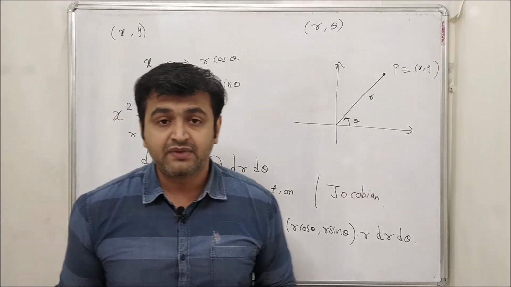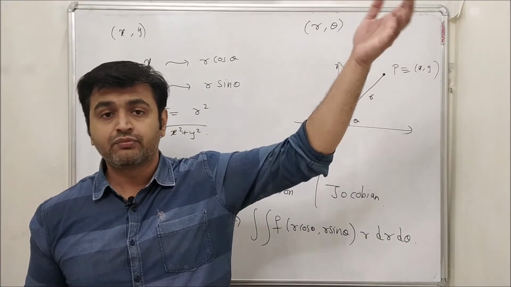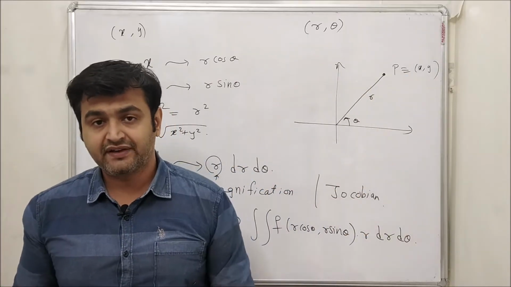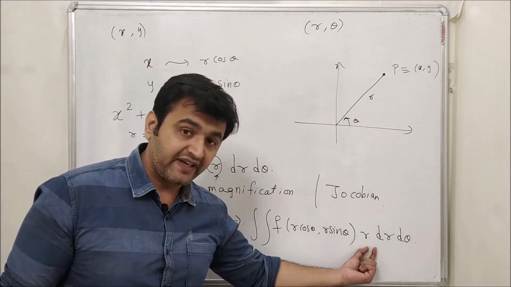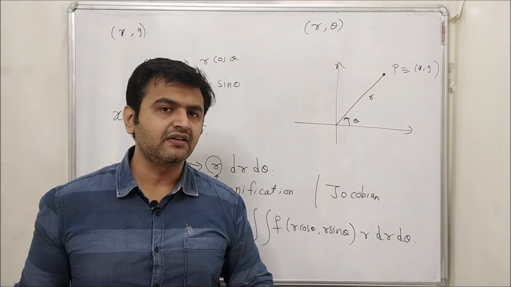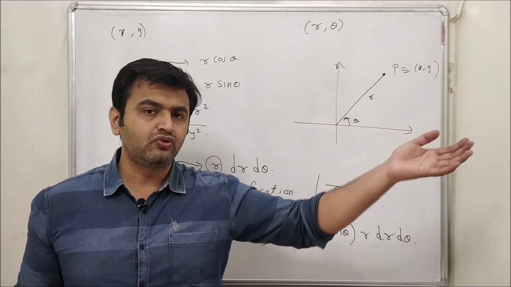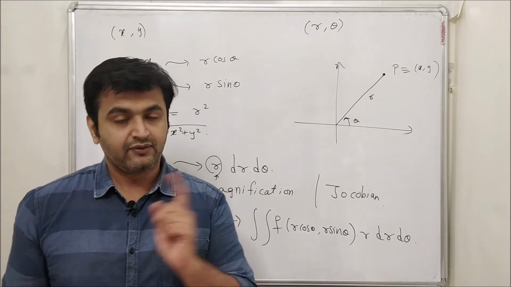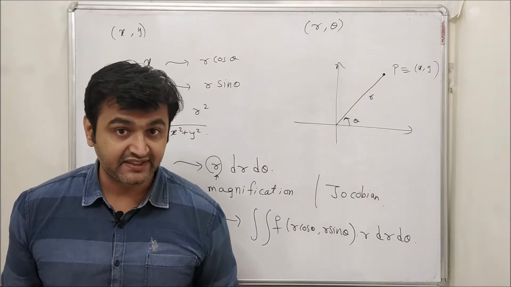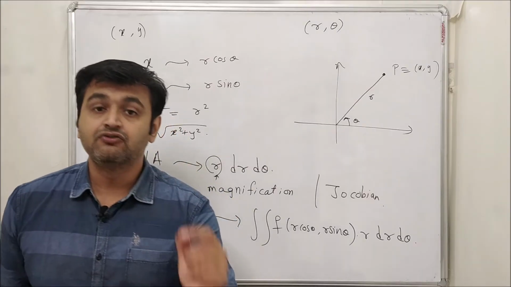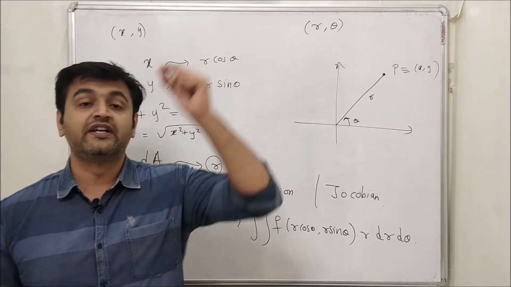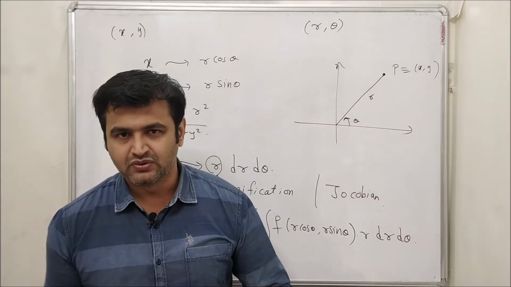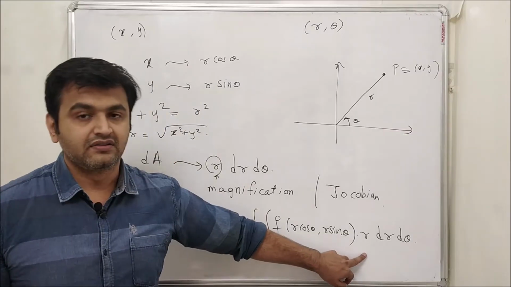So I measure my weight on earth and multiply it by some factor. Do you know what that factor is? If you don't know, Google it and comment your answer in the comment section. Tell me the factor by which you multiply your weight on earth to get your weight on the moon. That's the example I usually give to motivate why this r comes into the picture.